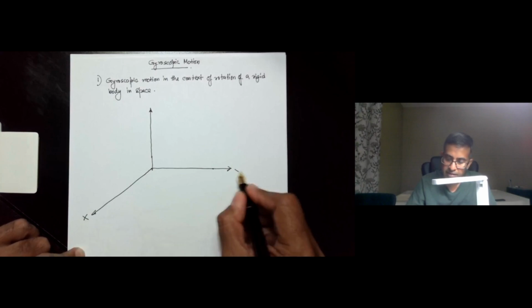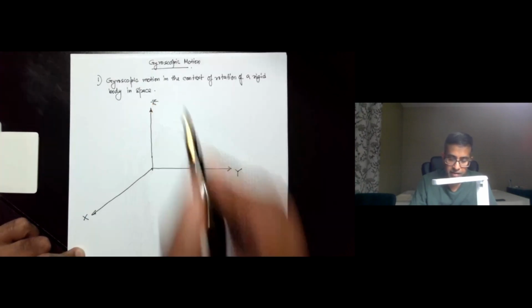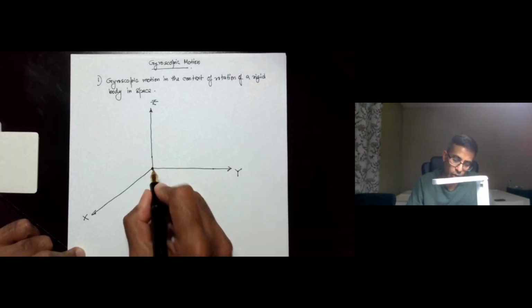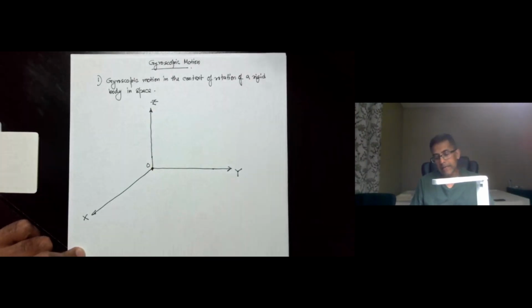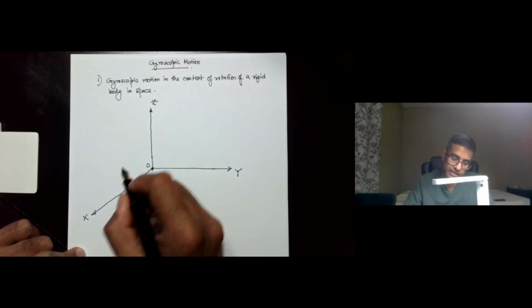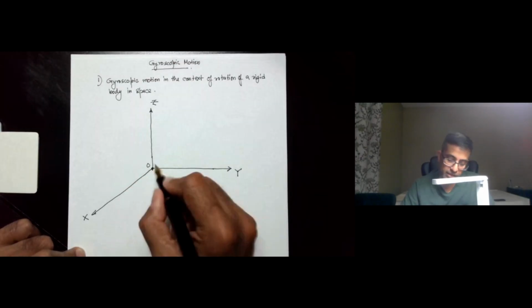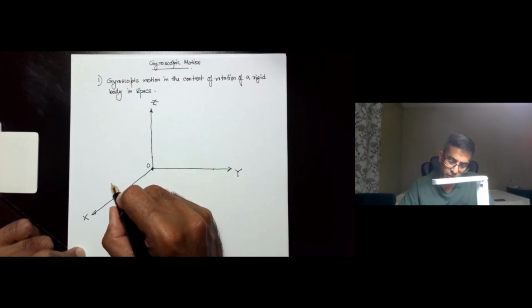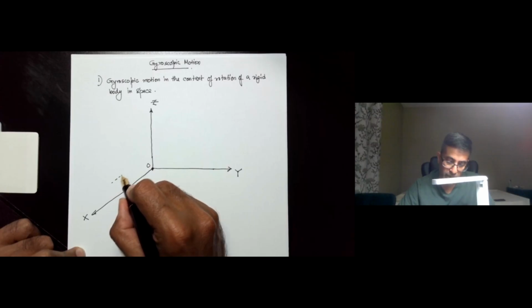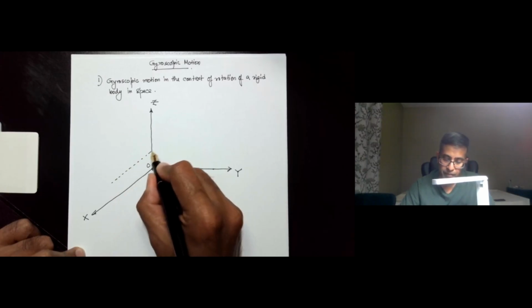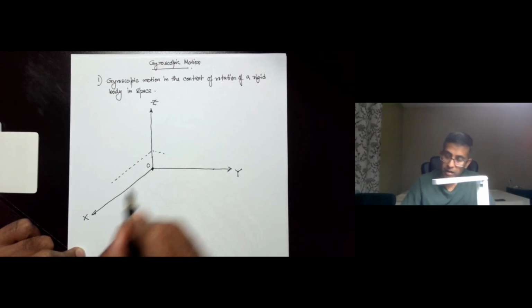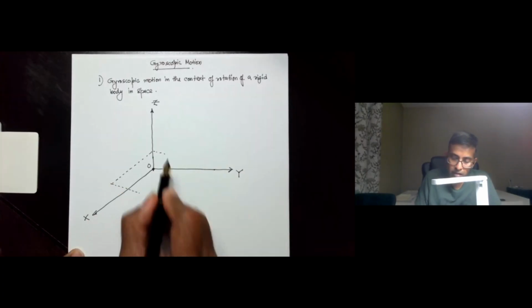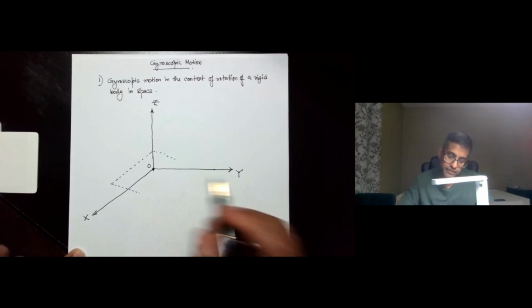Let's call it capital X, capital Y, capital Z. And the origin O, let's say that this is coincident with the center of mass of a rigid body. For the sake of simplicity, we can consider the rigid body to be a cube or a cuboid.